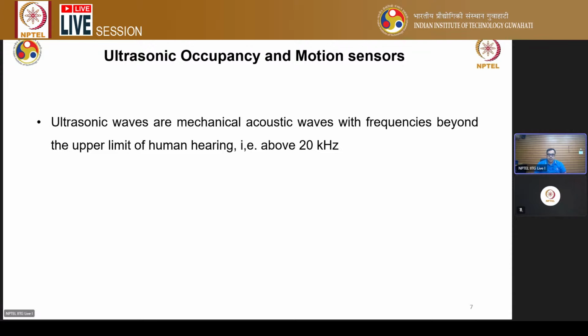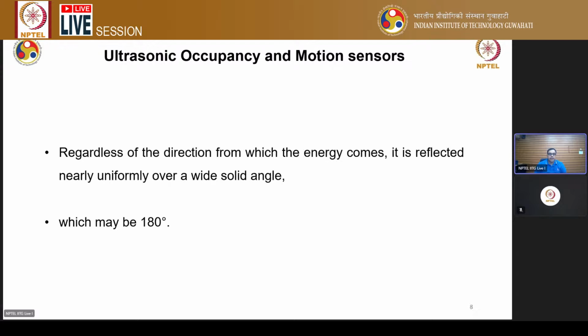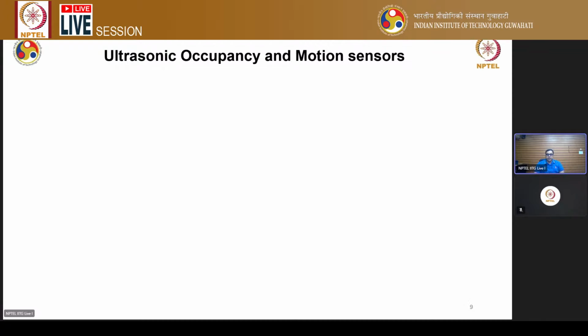In the ultrasonic occupancy or motion sensor, these waves are acoustic waves with frequency above the human hearing range, like 20 kilohertz or so. When these waves are incident on an object, a portion of their energy is reflected back. Mostly it is diffusive in nature, so regardless of the direction from which the energy comes, it is reflected uniformly over a wide solid angle. It can be even 180 degrees.